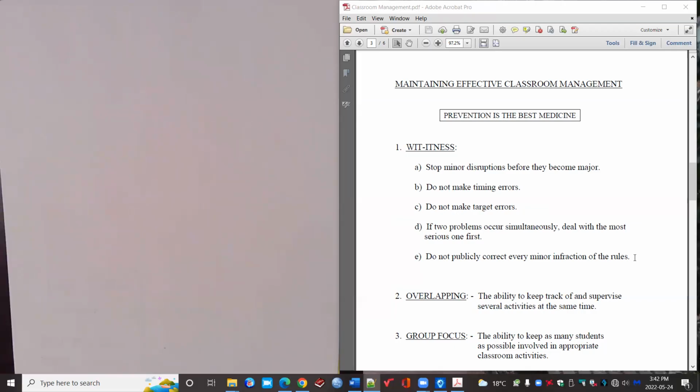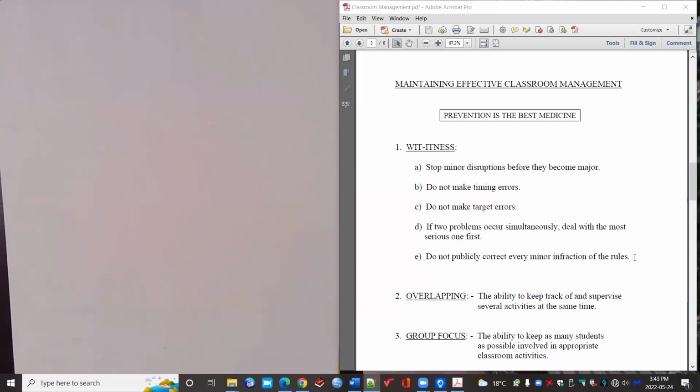If you can afford it, dealing with the student privately will stop the minor infraction. Or you walk towards the students and make eye contact. I want to say stare at the student. Make eye contact, and perhaps just lean toward the student, walk toward the student.